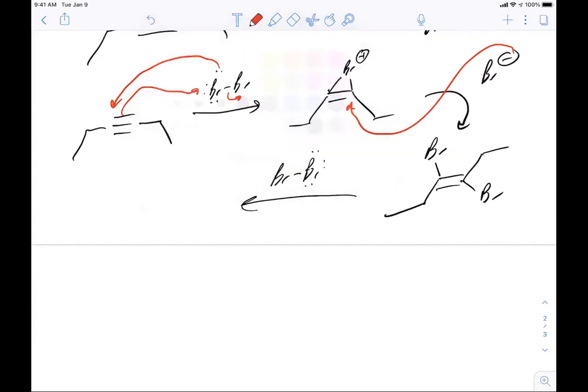If we have excess, then that can react again. I got my red lines crossing each other, so let's do it this way. That gives us the brominium ion.